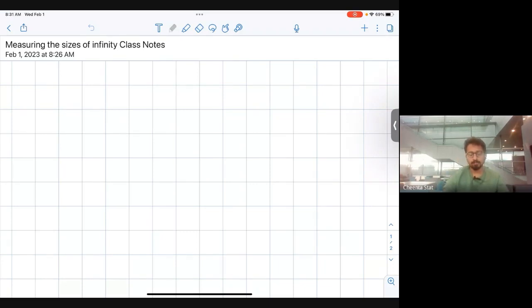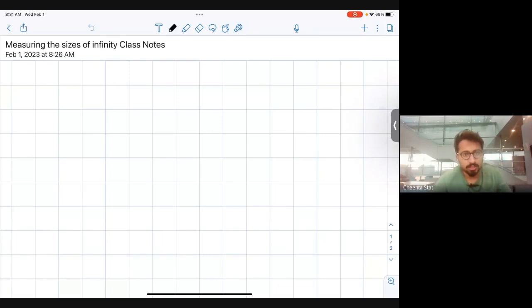So, coming back to the plan for today, we will start understanding sets and the sizes of sets. What do you mean by sizes of sets? Like infinite sets.